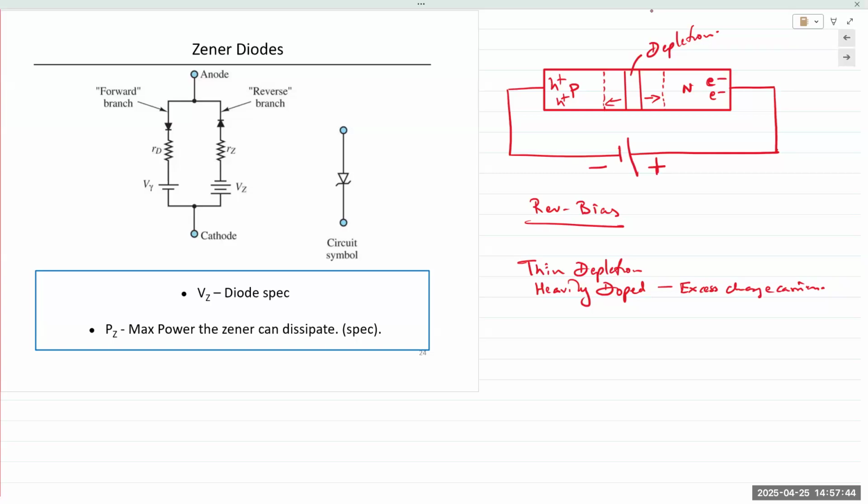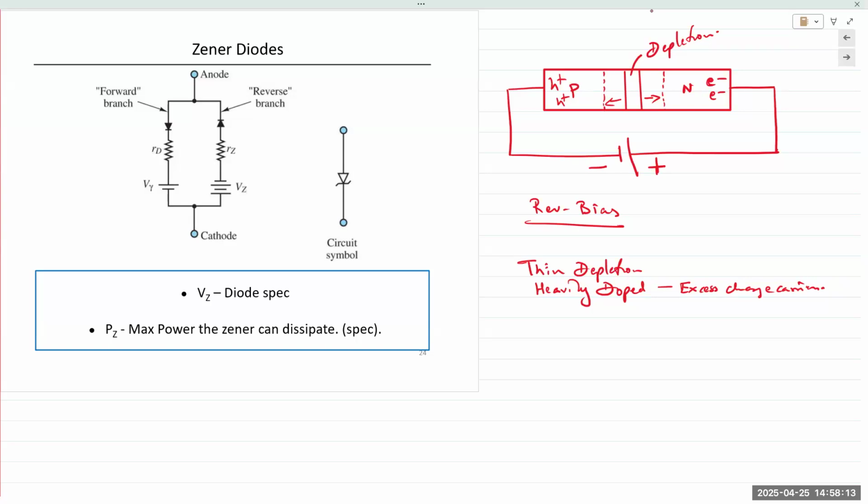So in intrinsic charge carrier generation, we had temperature, right? As the temperature increases from absolute zero, electrons acquire enough thermal energy to break free of their bonds and start moving or conducting. Those were the intrinsic charge carriers. Now we have charge carriers that are generated in reverse bias because of the applied electric field, or the high density electric field.